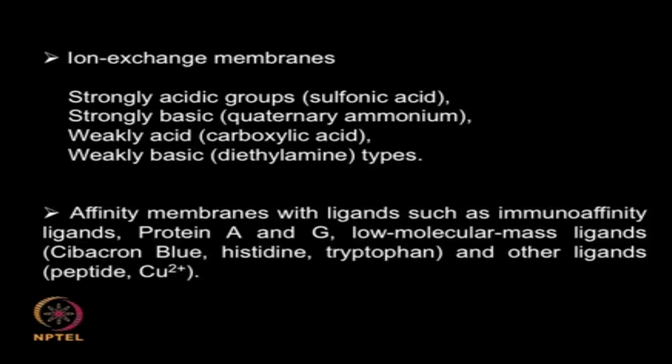You can also have affinity membrane, so you will have ligands such as immunoaffinity ligands, protein A and G, low molecular mass ligands like Cibacron blue, histidine, tryptophan, and other ligands like copper 2+ and so on. So we can also have affinity ligands immobilized on membrane, so we will get affinity membrane type of systems.